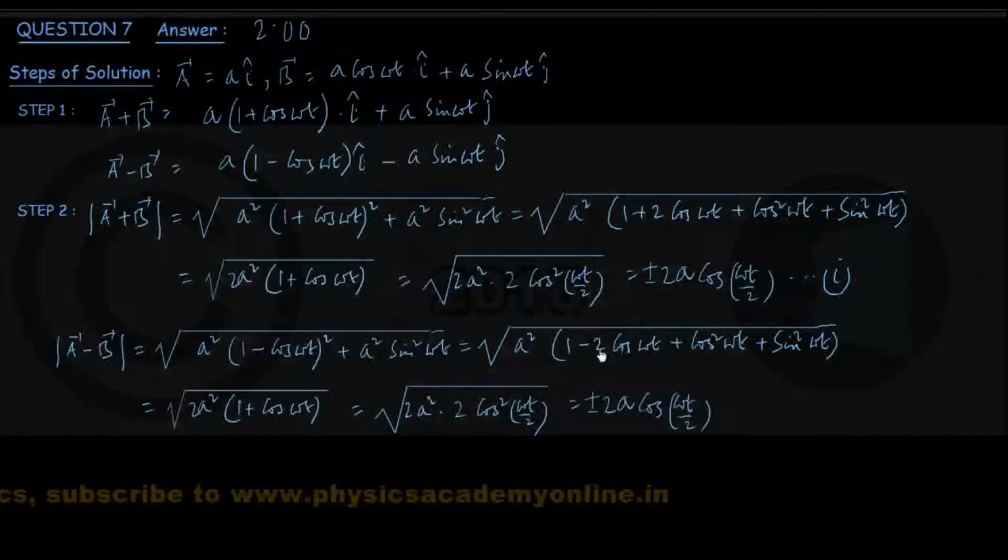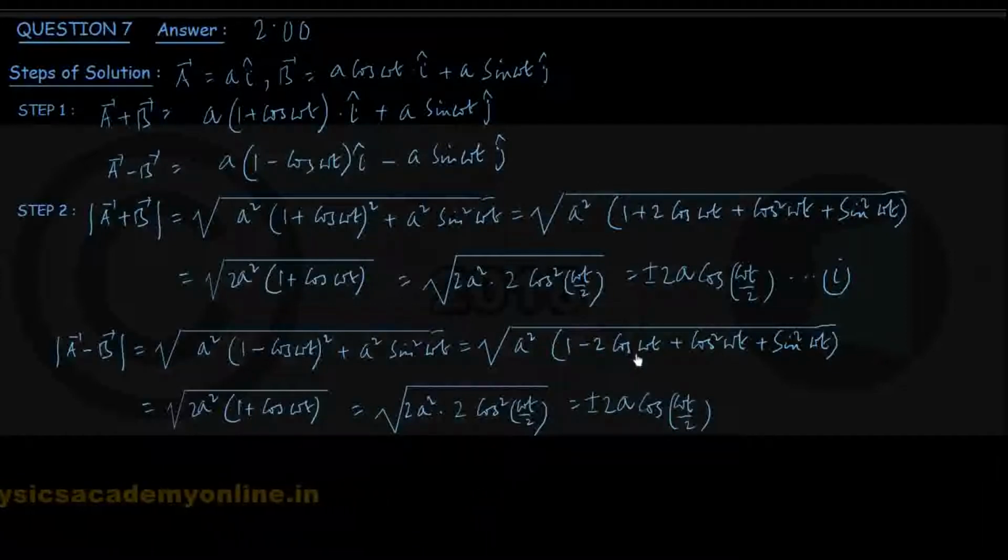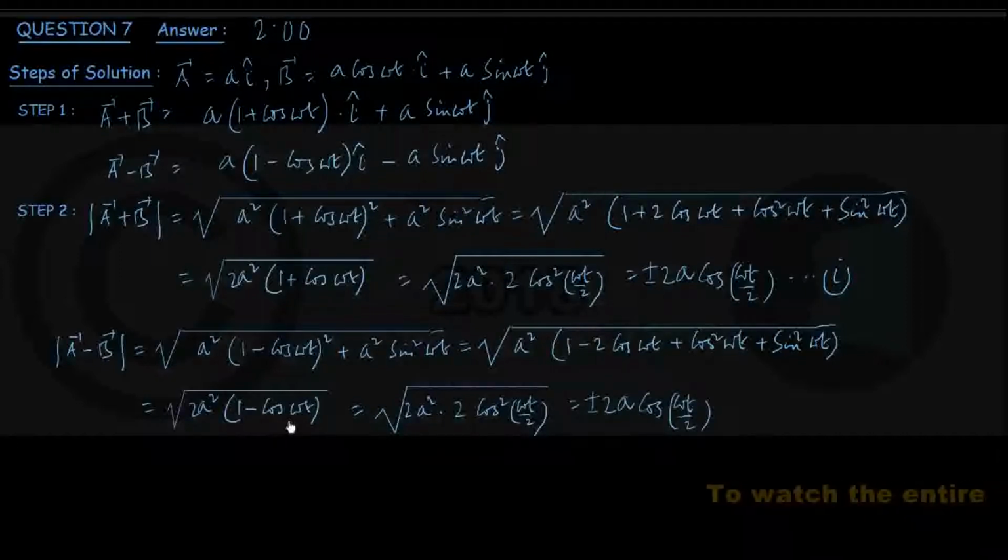As before, you can show this is 2 minus 2 cos omega t inside brackets, therefore square root of 2A square into (1 minus cos omega t). Another formula for submultiple angle: 1 minus cos omega t is twice sine square omega t by 2.